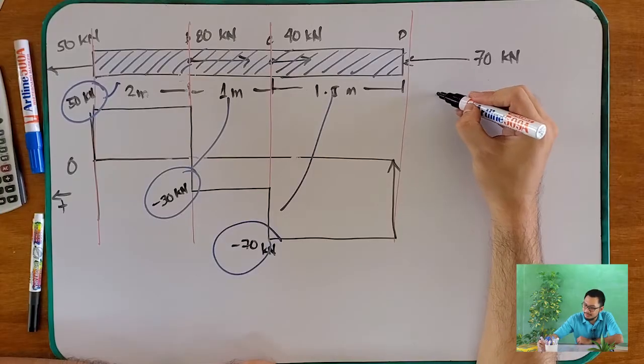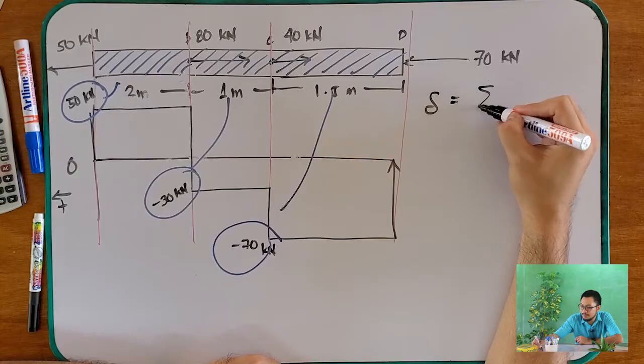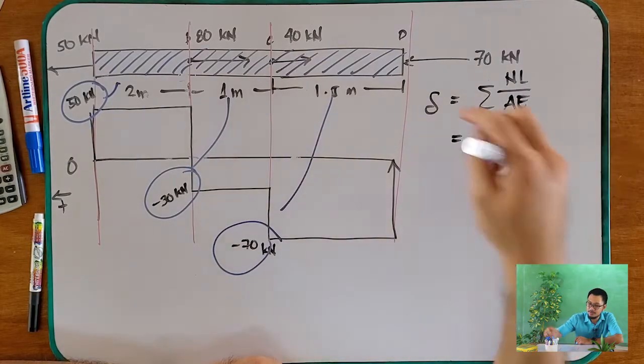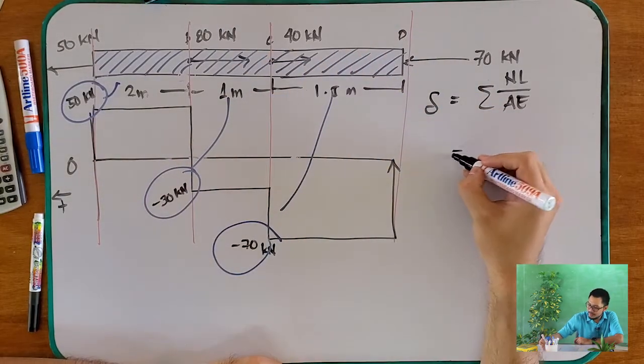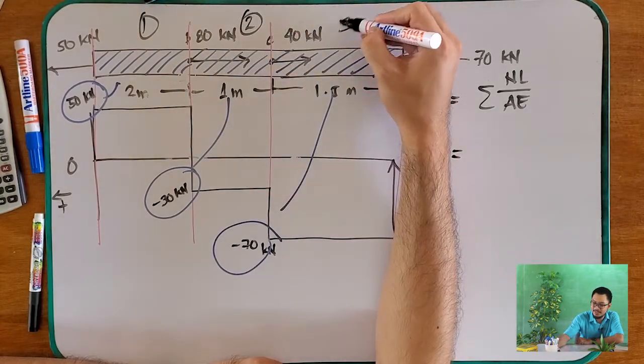Okay? So ato to i-apply atong formula. So to get the deformation, ito, summation of NL over AE. So, dirita. Mao na itong first segment, mao na itong second segment, and mao na itong third nga segment.